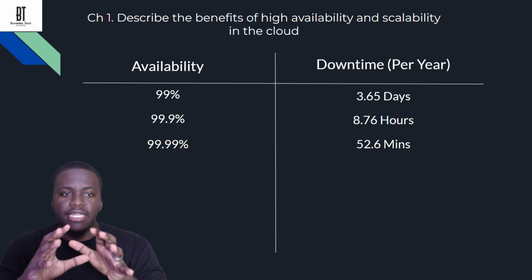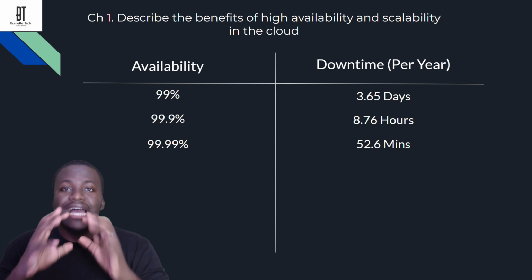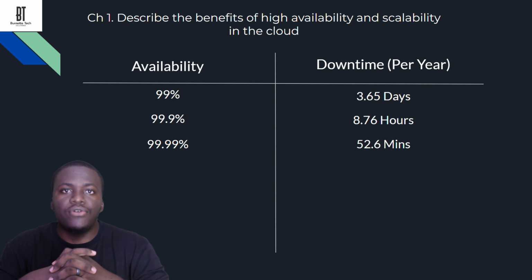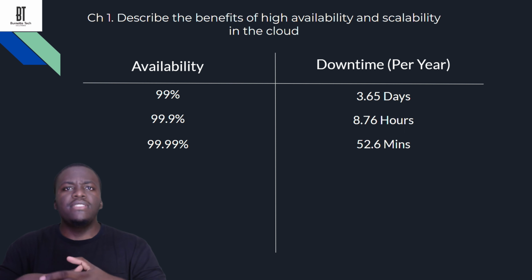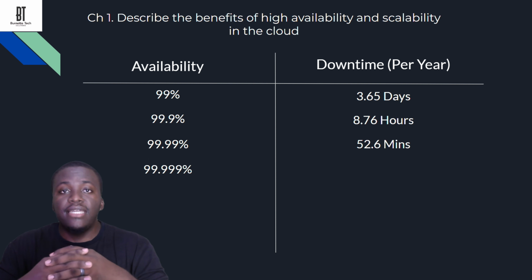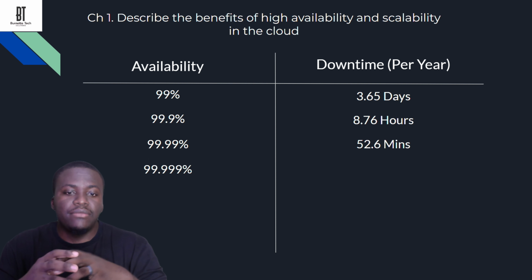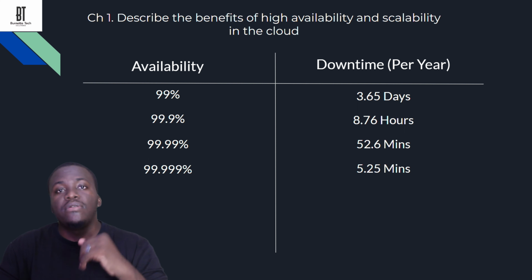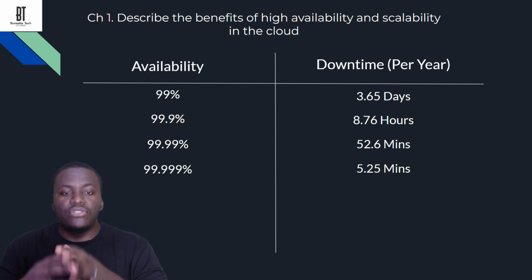Now, when you actually get into the concept of high availability, you need to aim for 4 nines and above. That's when you're really gonna have high availability. So high availability means that you have high uptime and low downtime in a year. When you're dealing with 5 nines, that's 99.999%, you're dealing with around 5 minutes of downtime per year.